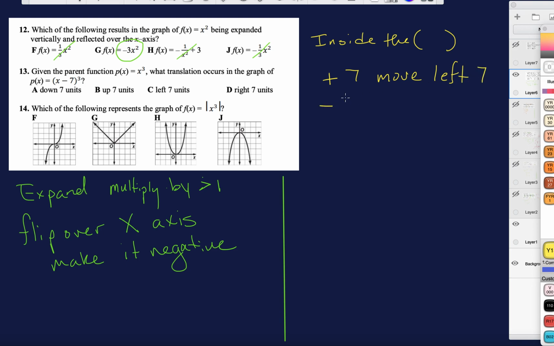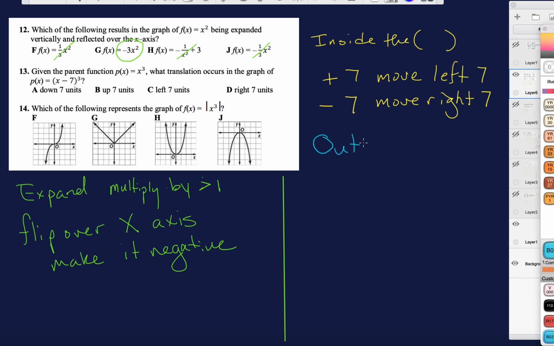If we're subtracting 7, move right 7. All right?